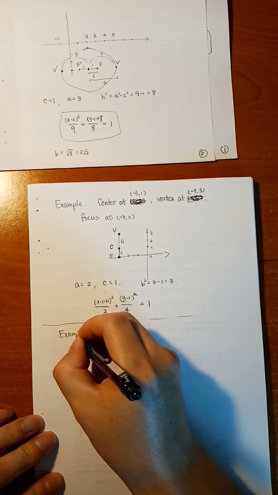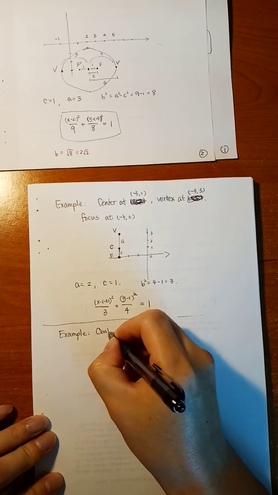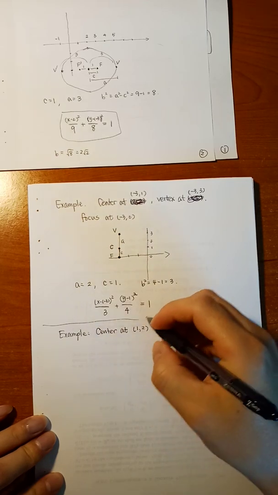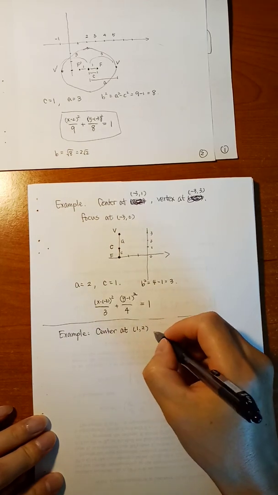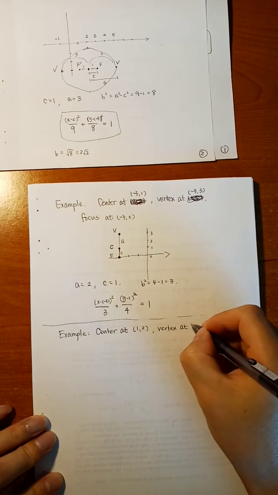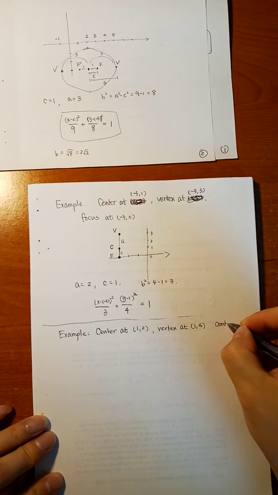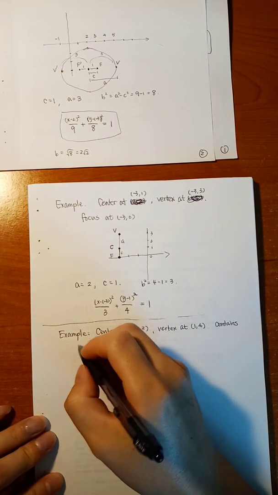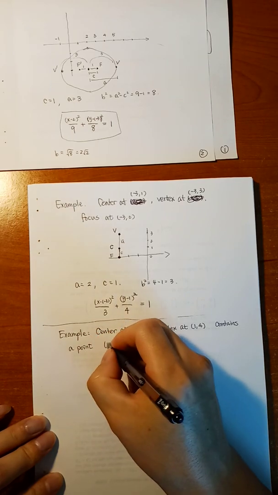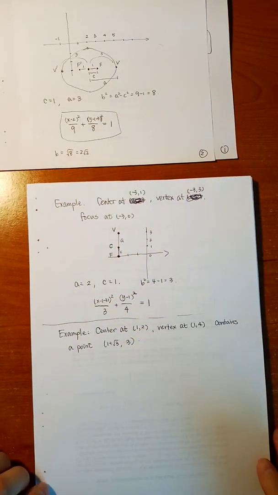Let's discuss the example we just skipped. Center at 1, 2, vertex at 1, 4, contains a point (1 plus root 3, 3).